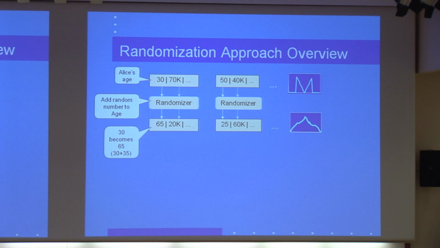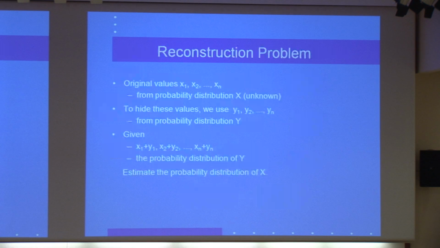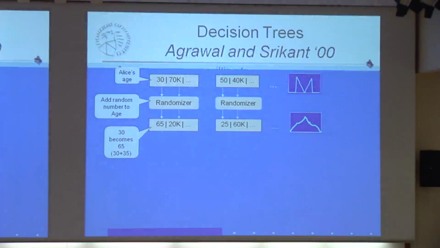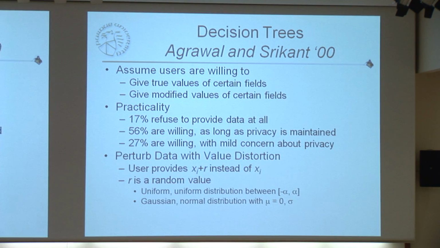So if you think about how you would learn a decision tree, what you do is at each point you're going to pick an attribute and split on that attribute and say how many things go to each side. How many of one class go here? How many of one class go here?